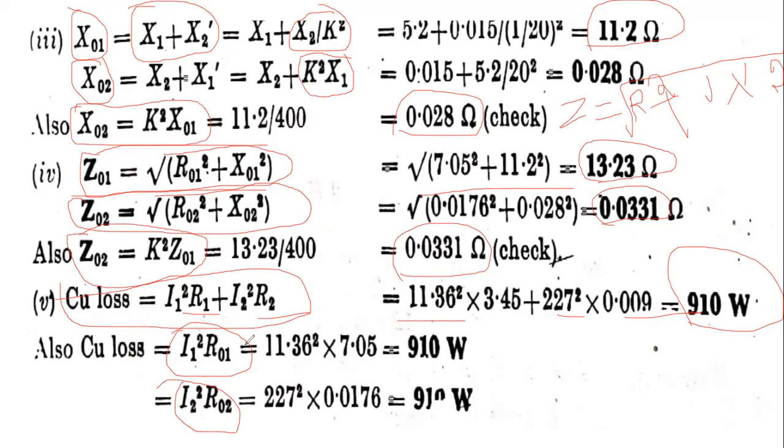R01 means the equivalent resistance referred to primary and R02 means the equivalent resistance referred to secondary. This is the copper losses. Understand?